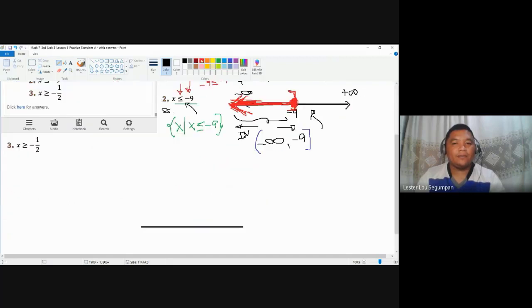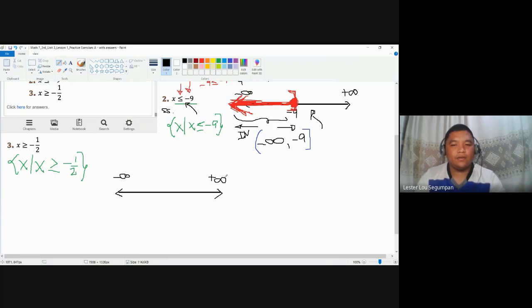In number 3, our solution set is a set containing x such that x, simply copy, is greater than or equal to negative 1 half. Before we draw the starting point, our graph extends to negative infinity and positive infinity.